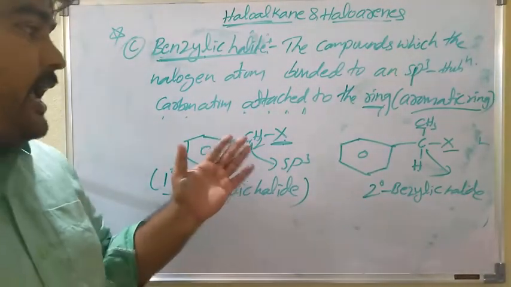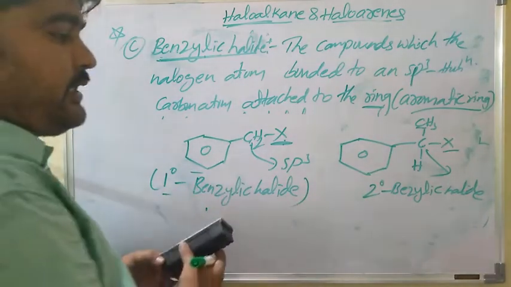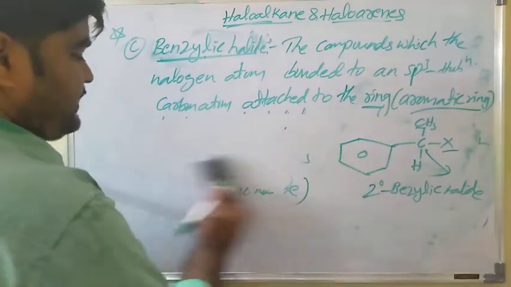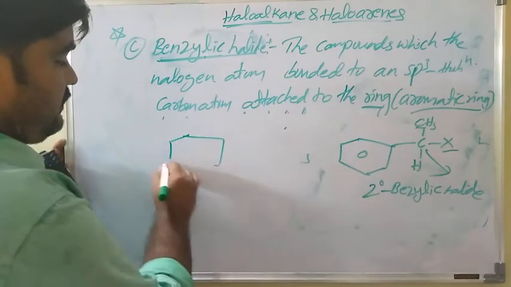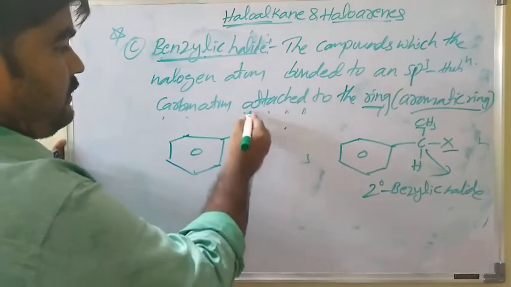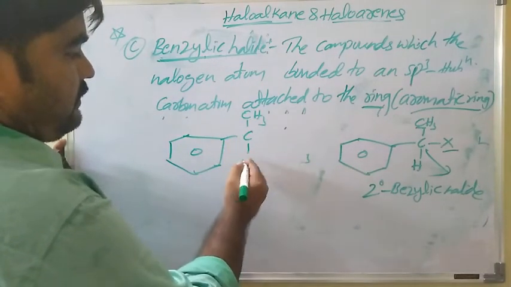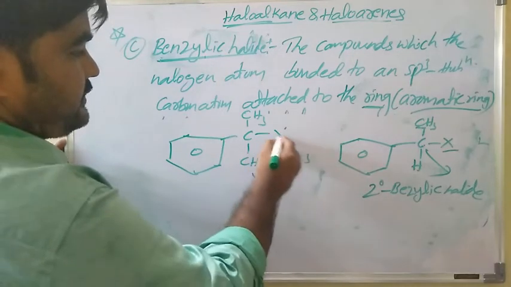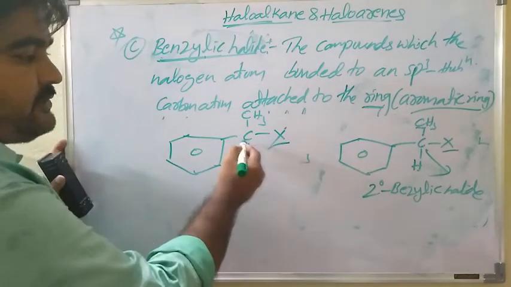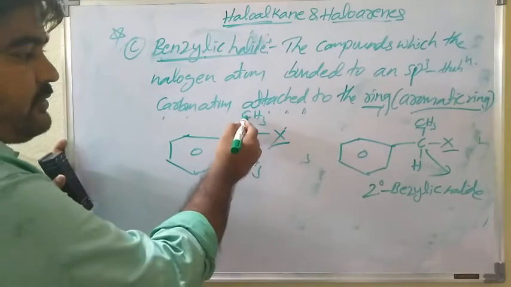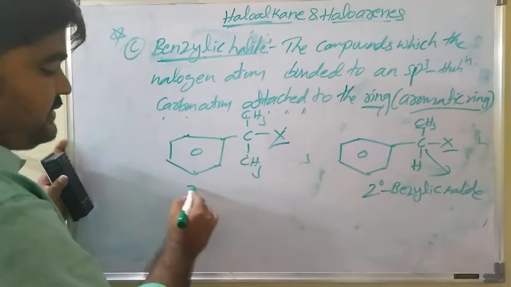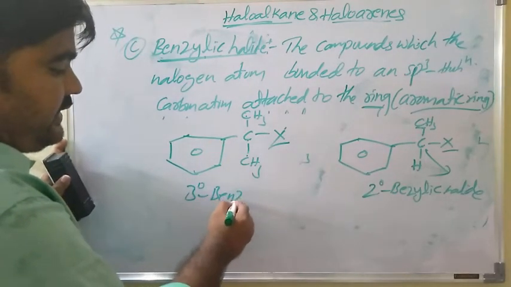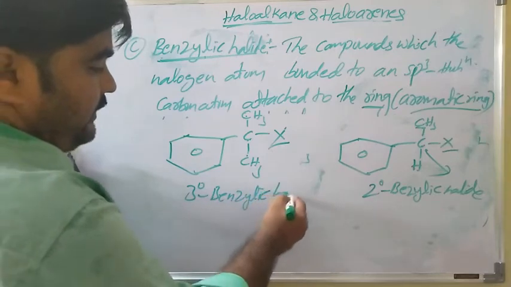And next one is tertiary benzylic halide. Same. Tertiary benzylic halide means what? Like this, CH3. For example, the halogen atom is on an sp3 carbon atom. This carbon is attached to how many carbons? 1, 2, 3. That's why it is tertiary benzylic halide.